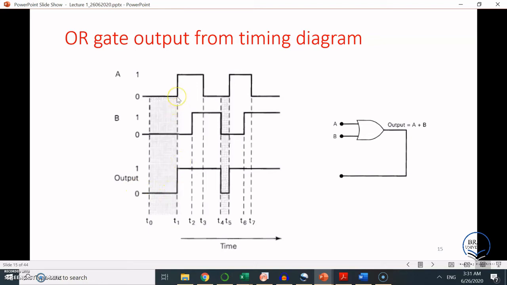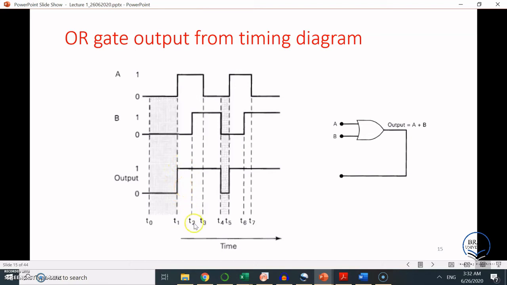And here, from these values to these values, this is T1 to T2. In T1 to T2, our input A is high, B is low. So from the truth table, we know if either of the inputs is high, the output will be high. So that's why the output from T1 to T2 is high.